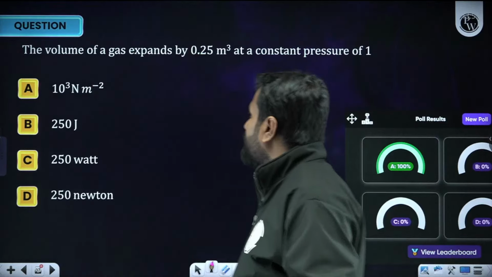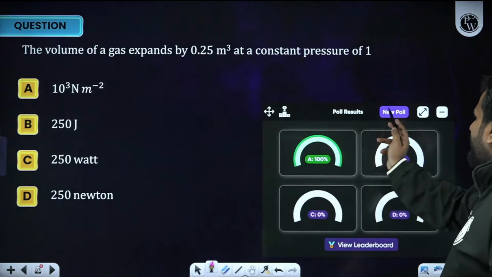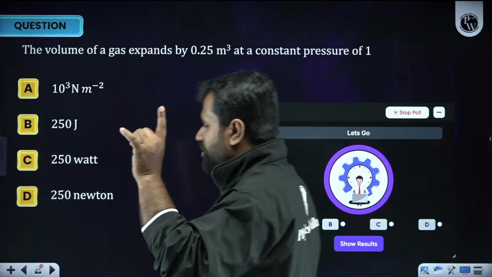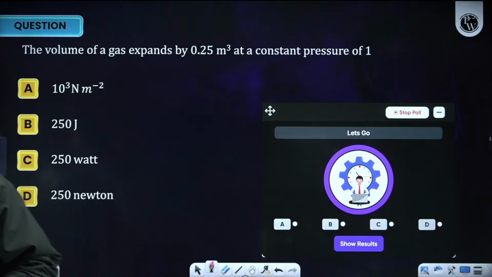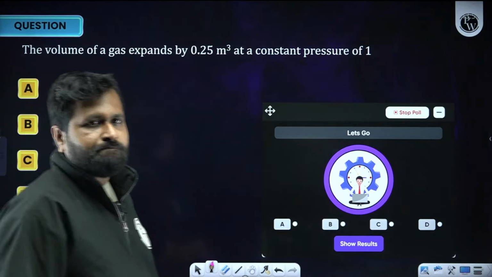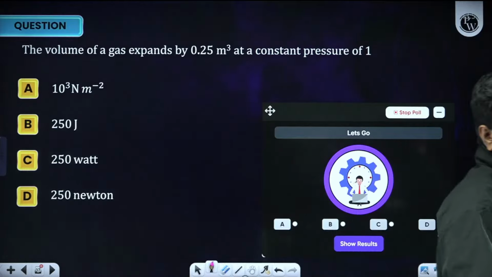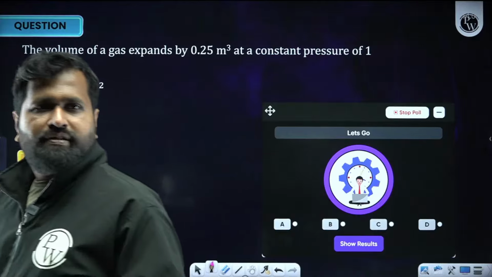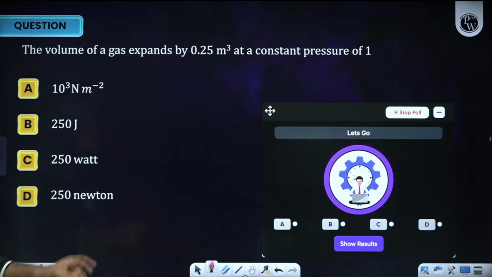Next question. Volume of gas expands by 0.25 meter cube at a constant pressure of 1. Exactly, approximation.